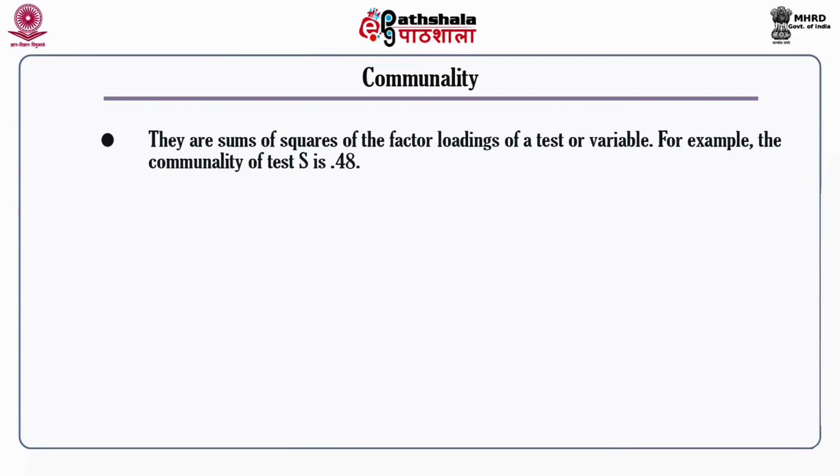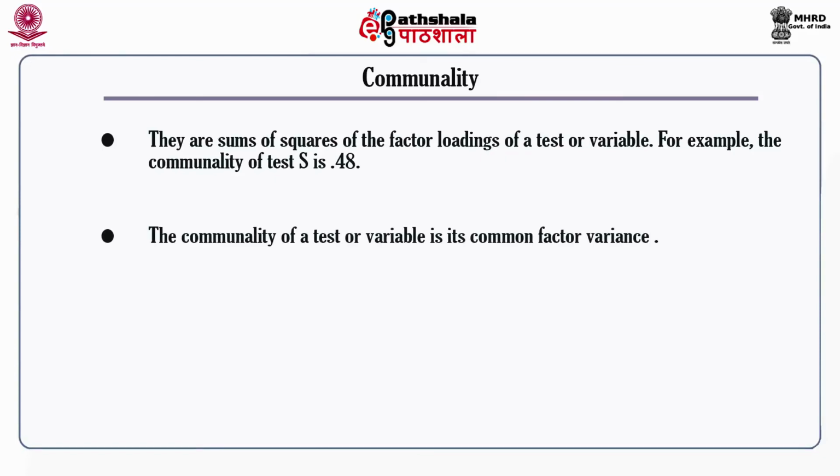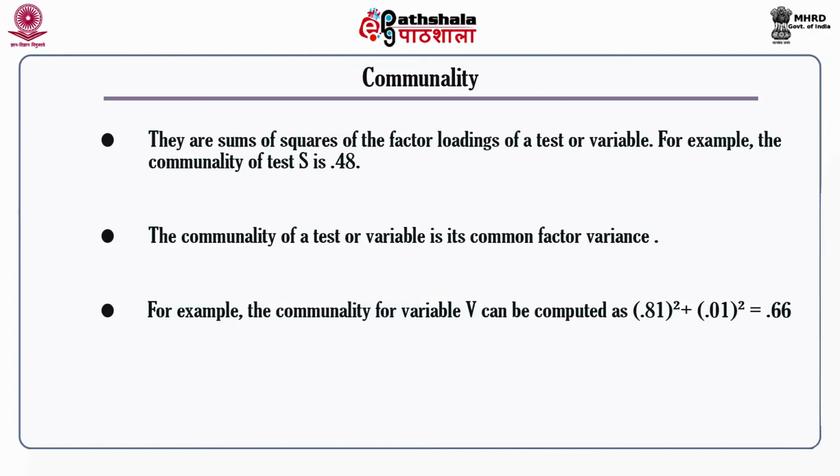They are sums of squares of the factor loadings of a test or variable. For example, the communality of test S is 0.48. The communality of a test or variable is its common factor variance. For example, the communality for variable V can be computed as 0.81 square plus 0.01 square is equal to 0.66.